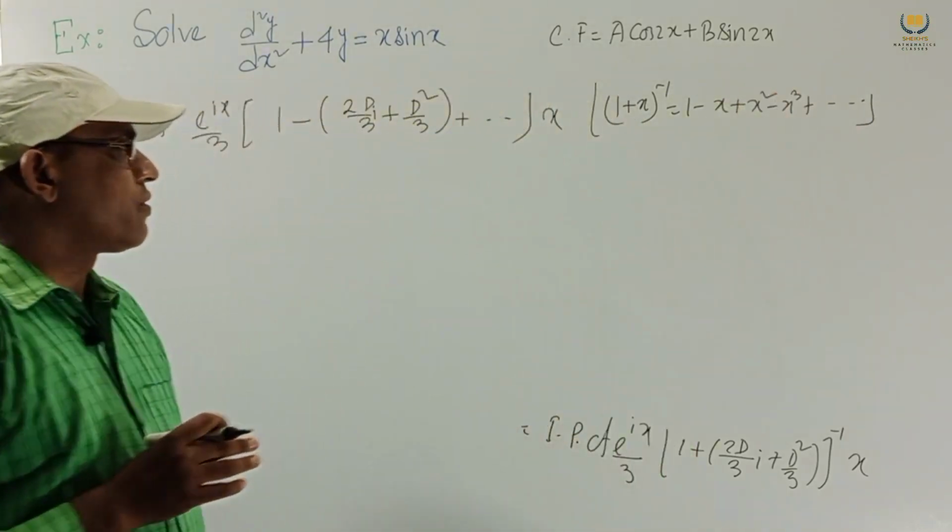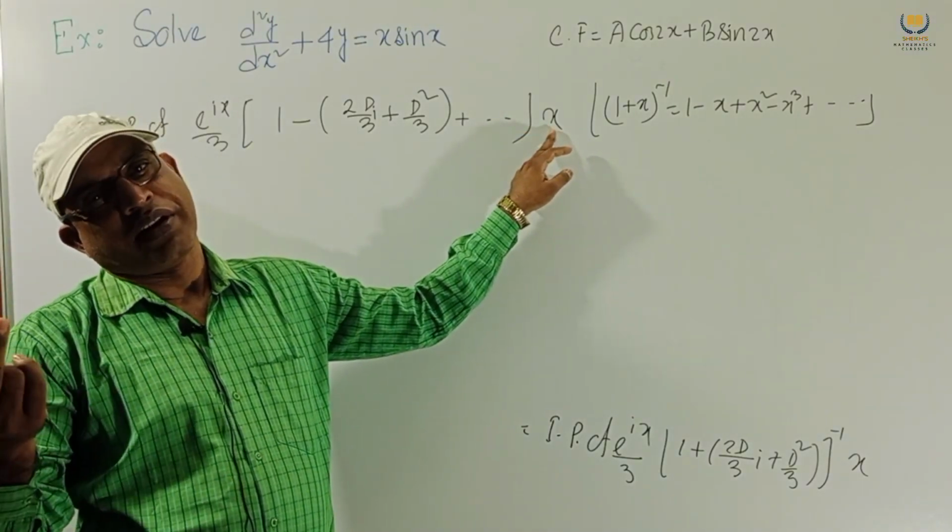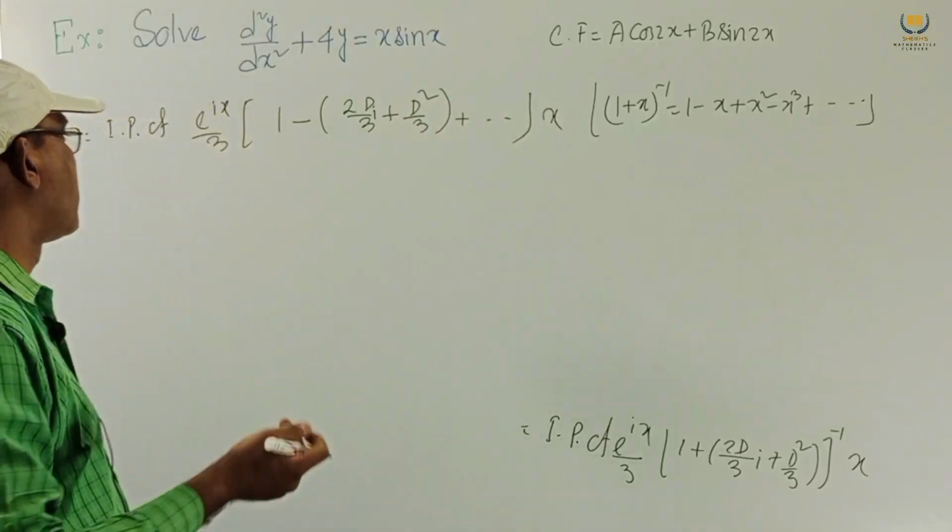Other powers need not be written, because our variable is x: if we differentiate one time we get 1, next time it will be 0.